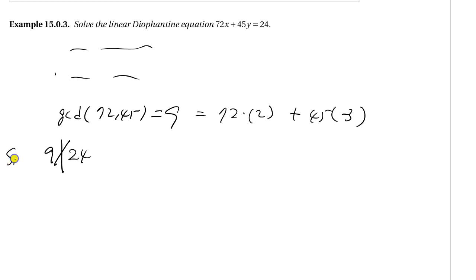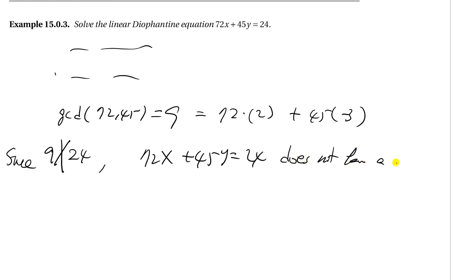So since 9 is not a divisor of 24, 72x plus 45y equals 24 does not have any solution, or if you want to emphasize that, does not have any integer solution, right? If you're looking for some arbitrary real number solution, you can always find it, right? But if you're looking for an integer solution, then it does not have one.